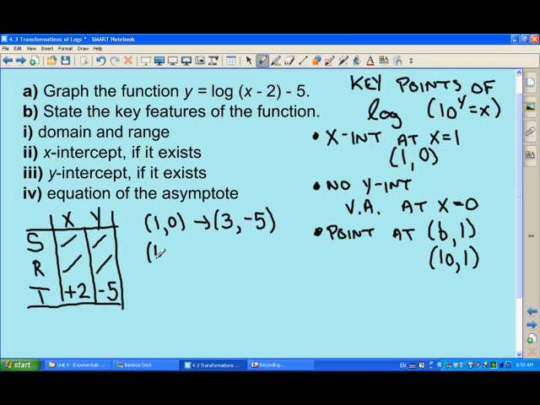My second point at (10, 1), again, I take the number 10, I add 2, so it becomes a value of 12. Subtract 5 from 1, get a value of -4. I can also shift the vertical asymptote. My original asymptote was x equals 0. I have to add 2 to every x value. This is going to become an asymptote at x equals 2.